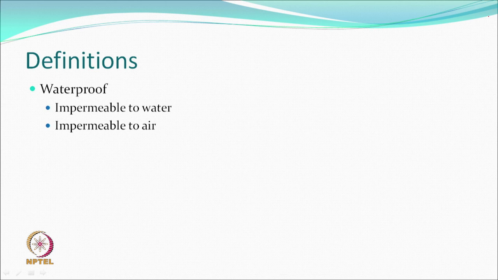Before we try to see the finish finally, let us talk about some of the definitions. Waterproof is a type of finish where we expect that the fabric will be water impermeable.